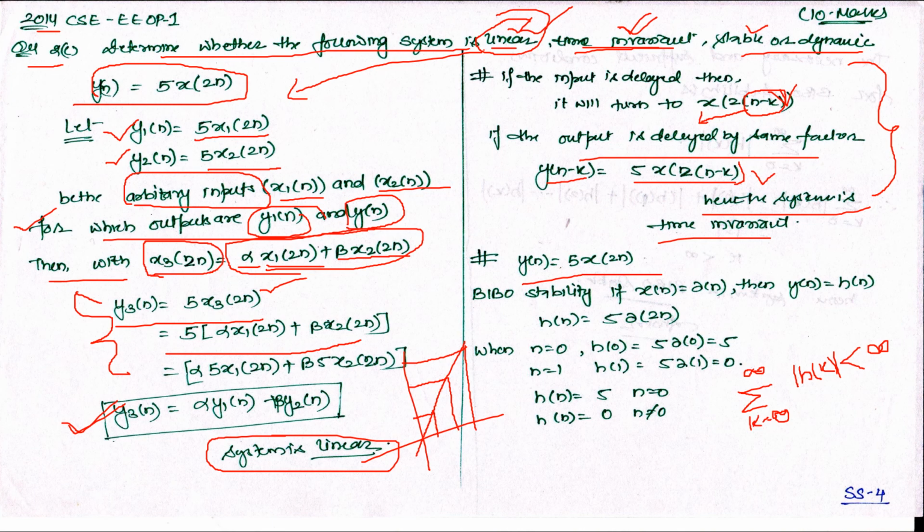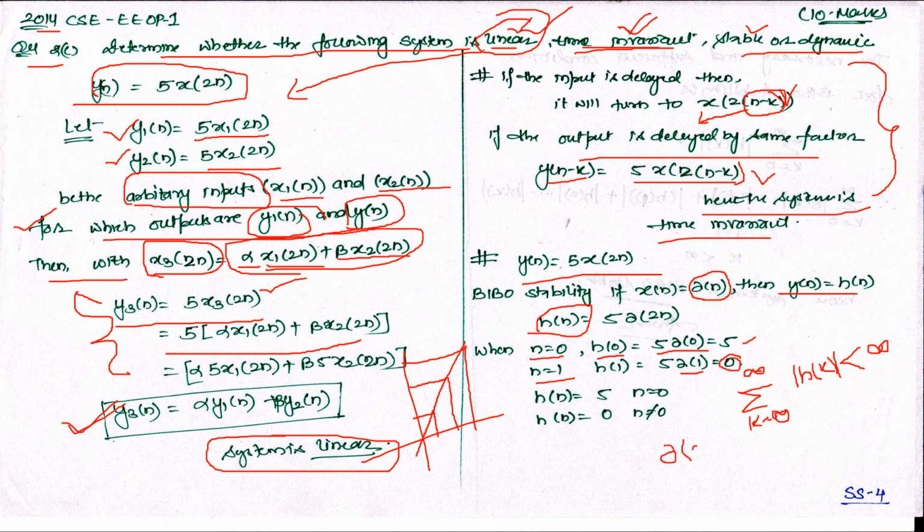So what we will do, we will replace x of n by delta n. Okay, so I'm writing x of n is delta n, and I am considering it in a way like, if n equals 0, h of 0, that is the output term, is 5 into delta 0, so delta 0 is 1, hence it comes as 5, and when n equals 1, delta 1 is 0, so 0 into 5 leads to 0, because it's a delta function.